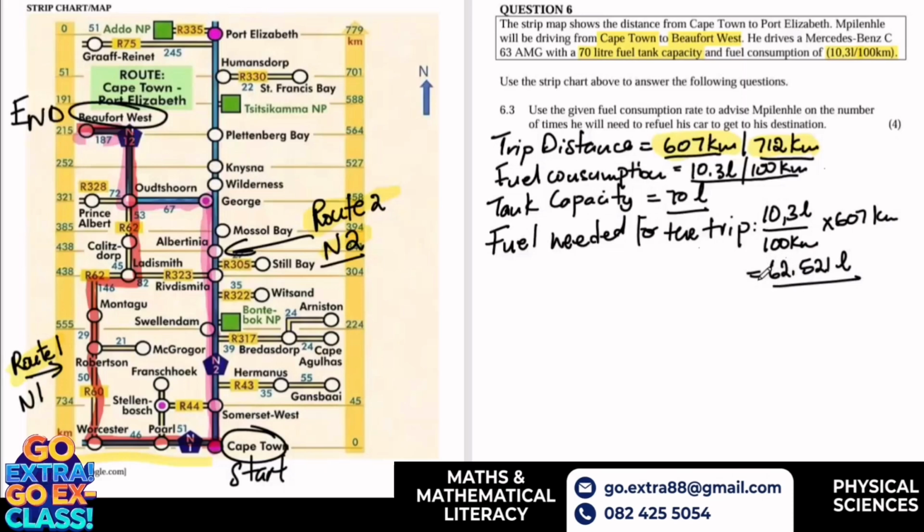We're going to compare the liters that will be needed with the full tank. The capacity of the tank is 70 liters, that's the full tank of the car. This trip of 607 kilometers is going to need fewer liters than that, which means there will be no need for refueling in this case.